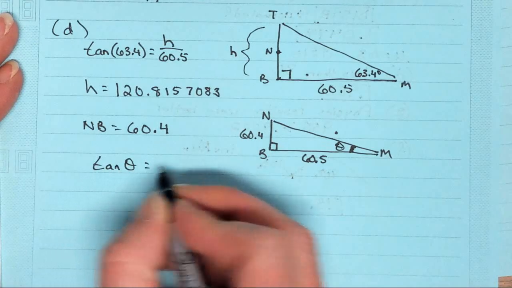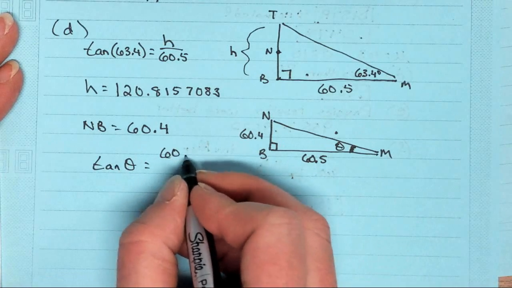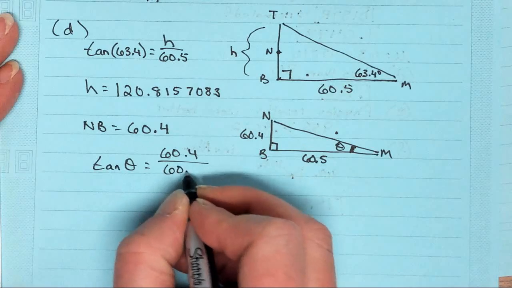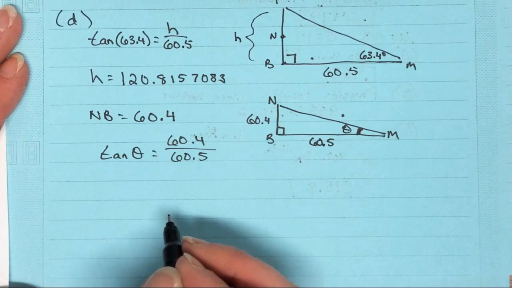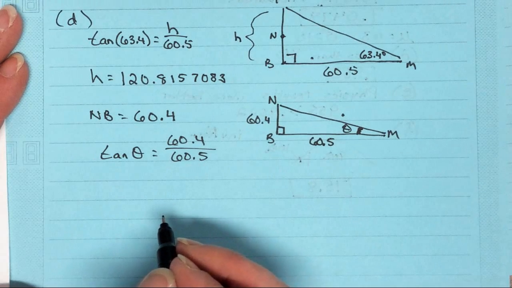Tangent of that angle equals opposite over adjacent. Now I want to find the angle that goes with that ratio. Wasn't it something like second tan?